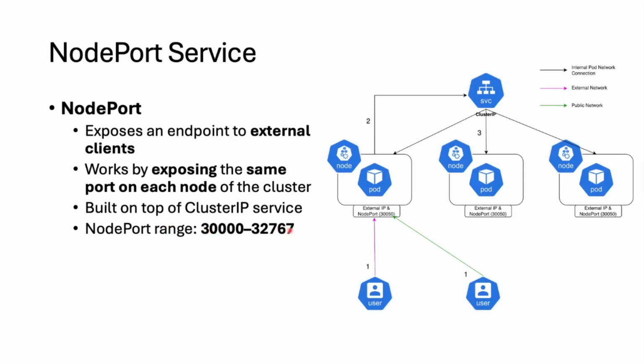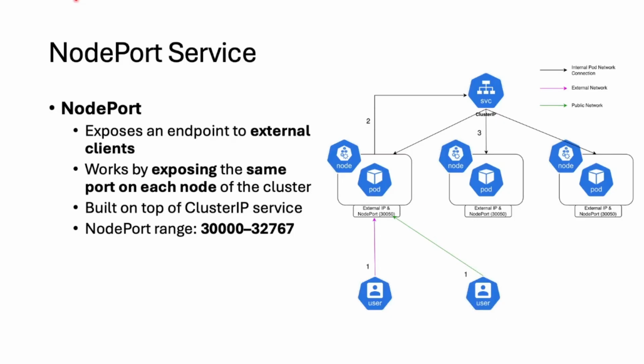The other limitation is that clients need to know the IP or DNS addresses of the nodes of the Kubernetes cluster. And the third one is that the nodes need to be on the public network, which is accessible from the internet if you are exposing it to internet users.